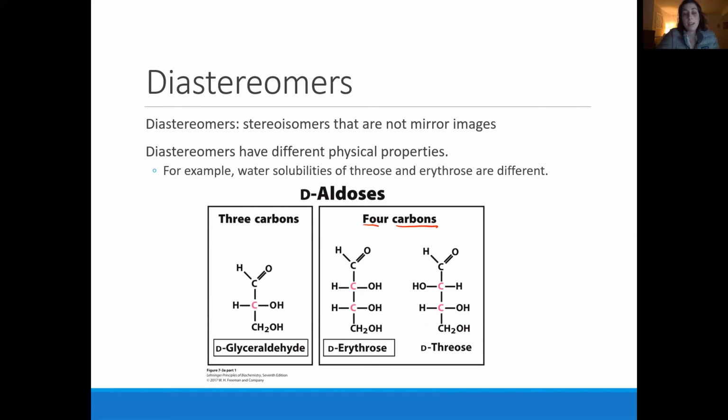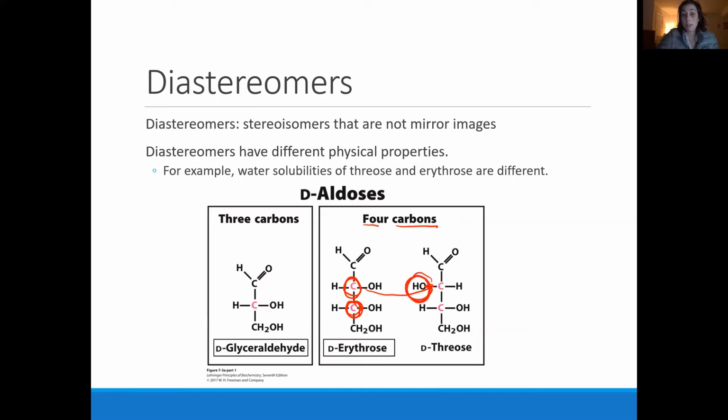So again, the definition of an epimer is that one stereocenter, one of many, has changed. There are 2 stereocenters here, 2 places where we have a carbon that is bound to 4 different things. One of them has been changed, right?